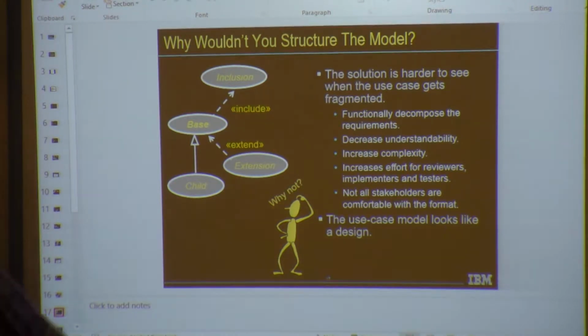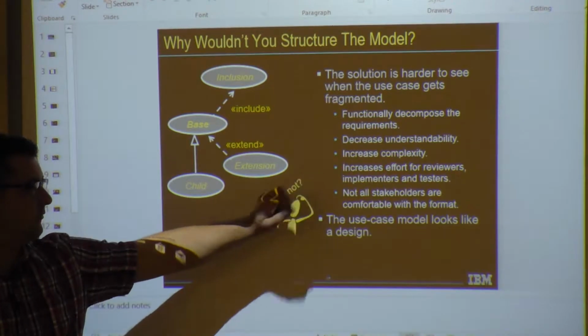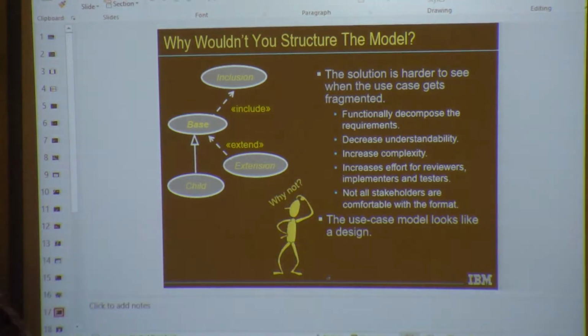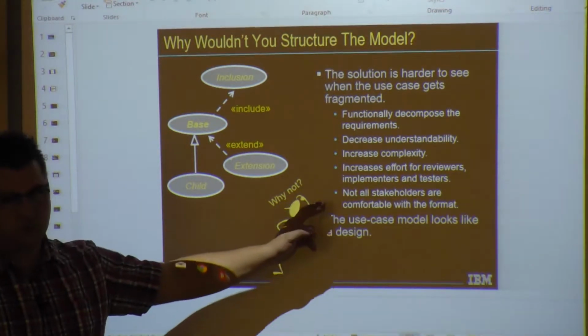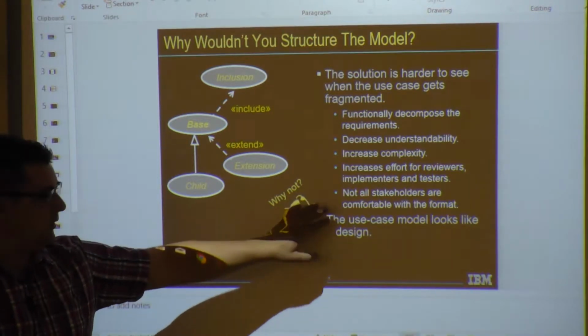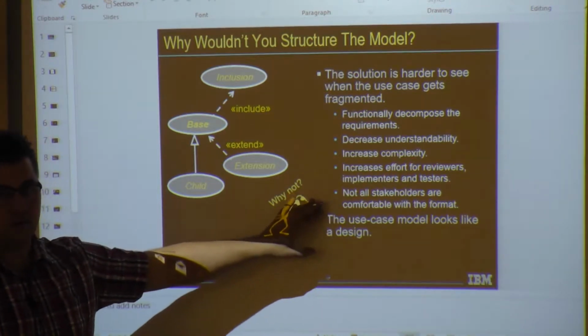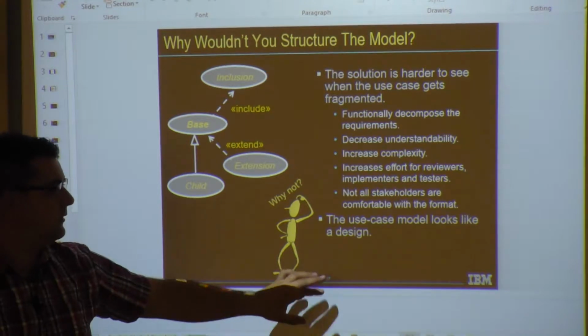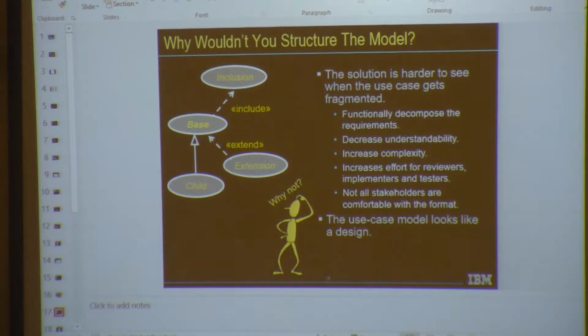It increases the effort of your reviewer, implementers and testers, because now they need to look at one use case, then it jumps to another one and possibly another one. That may become overly complex. Also, not all your stakeholders and people looking at the diagram may be comfortable with the format. Also, your use case model later on can start to look like a design.